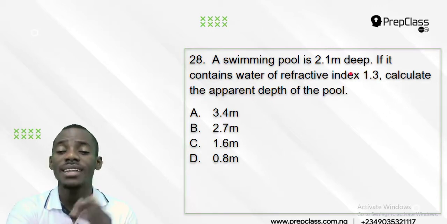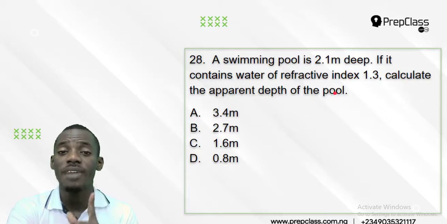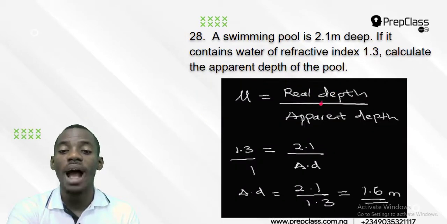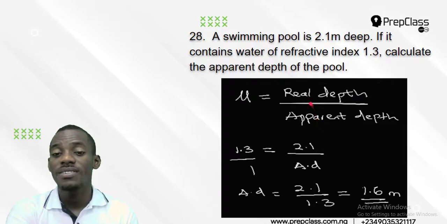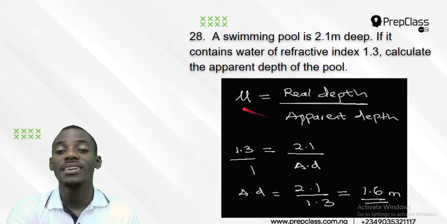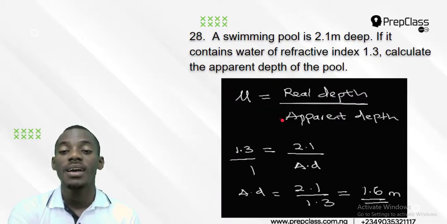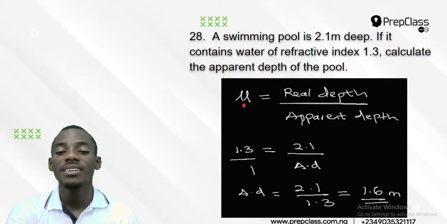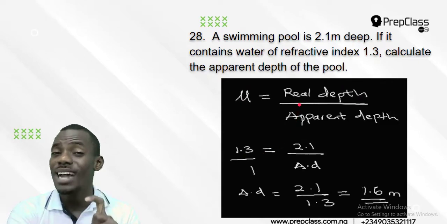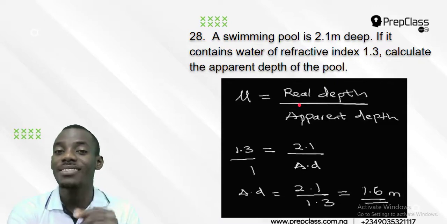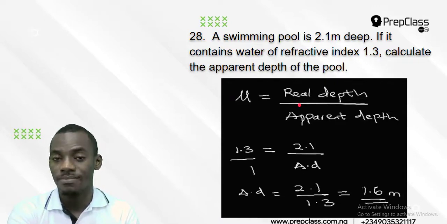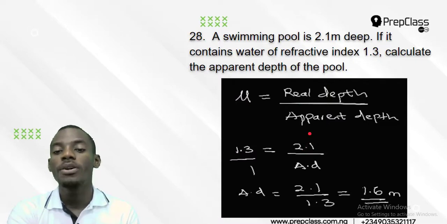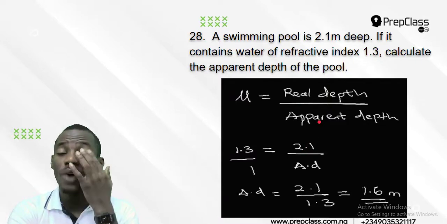The refractive index is given by the formula real depth over apparent depth. Don't forget, it is real depth over apparent depth. For anything in water, that is the refractive index. Therefore, 1.3 equals the real depth, the natural depth of that person, which is 2.1, over the apparent depth, which is as it appears to your eyes.